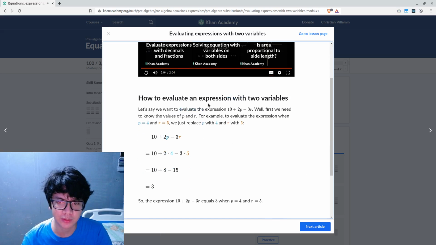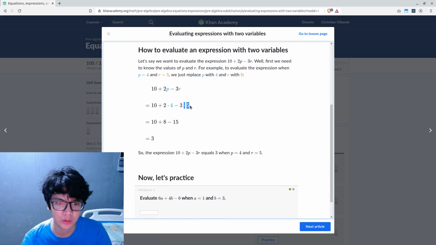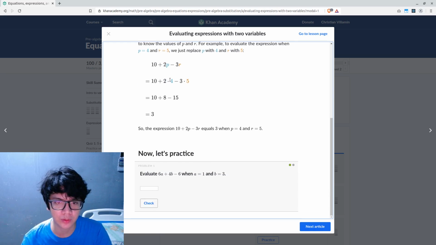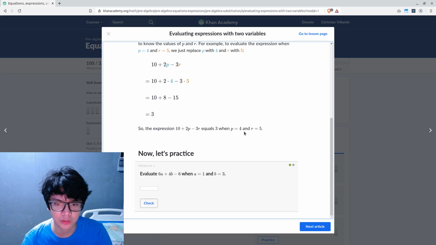Same for expressions with two variables. So we have 2 times 4, 8. Equals 3 when, okay, let's see. A is 1 and B is 3.